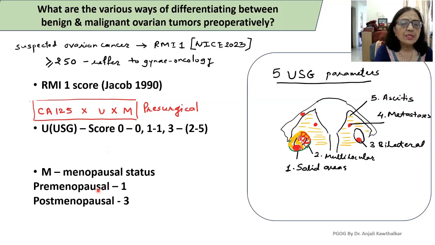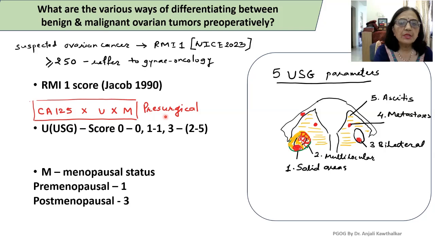For menopausal status, for premenopausal, a score of 1 is given, and for postmenopausal, a score of 3 is given, because we know that postmenopausally, the risk of malignancy drastically increases as compared to premenopausal women. So this is RMI1, which all of you should be able to reproduce, memorize, and use in clinical practice also.